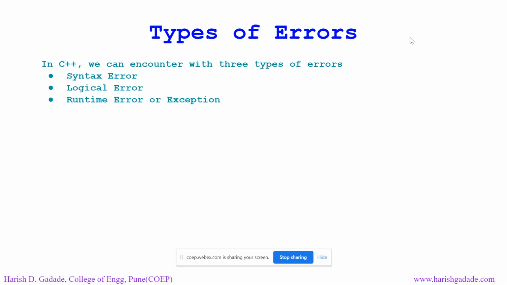For writing any program, we need to know the rules of that particular programming language. The first rule is that we need to put a semicolon after every statement in C++. This is the basic rule.